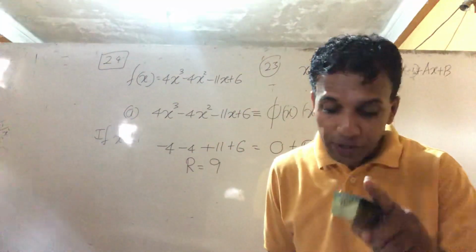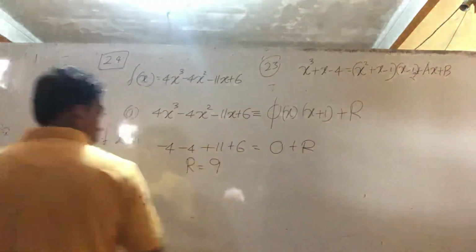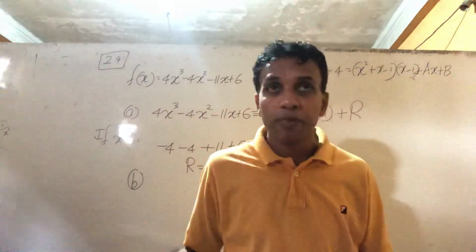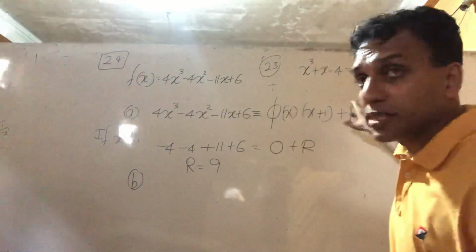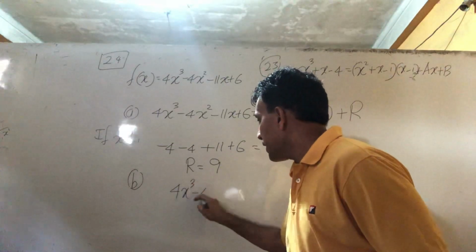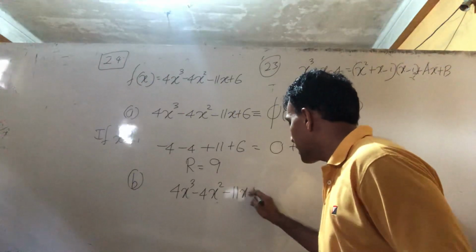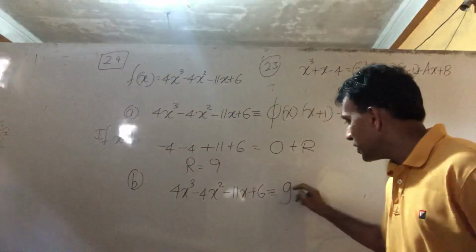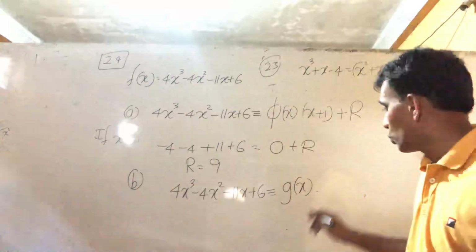Second part: find the remainder when f(x) is divided by x minus 2. Also write the same method. It won't come the same remainder, since it's a different division with a different divisor, but write the same pattern. So 4x cube minus 4x square minus 11x plus 6 equals g(x), the quotient, into divisor x minus 2 plus the remainder.